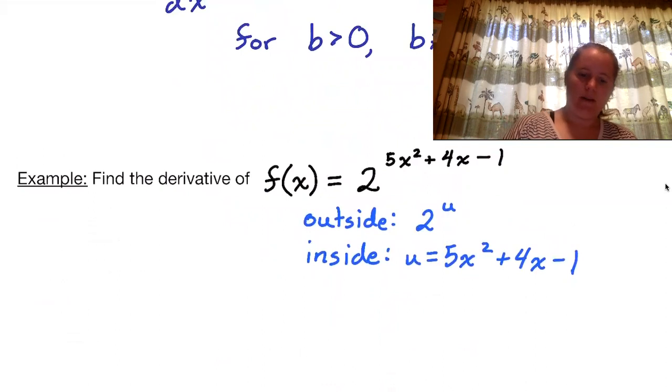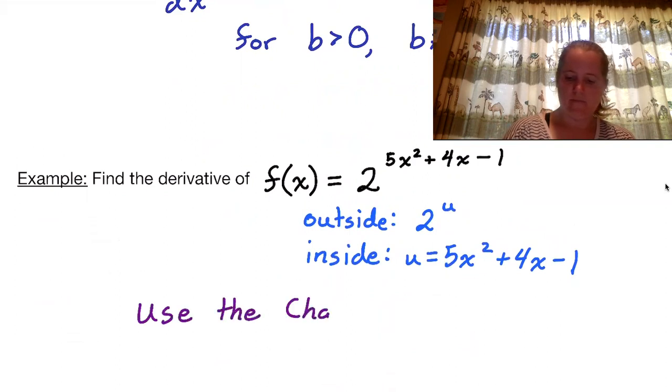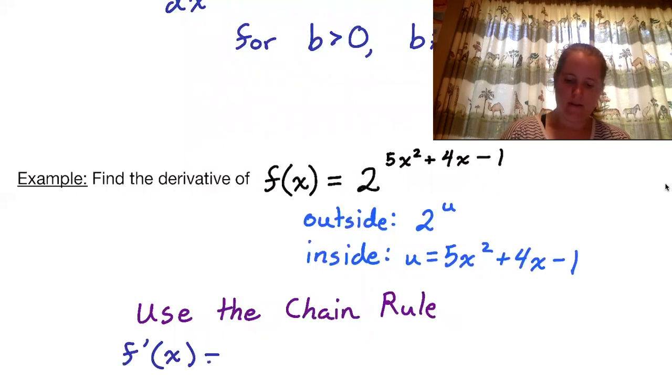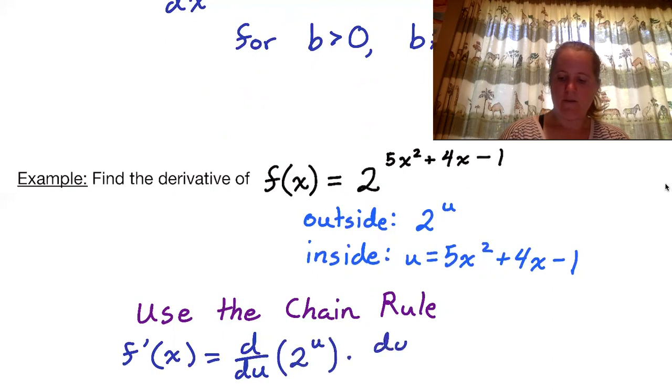At this point, we can go ahead and use the chain rule. And we get that f prime of x is equal to the derivative with respect to u of 2 to the u times the derivative of u with respect to x.